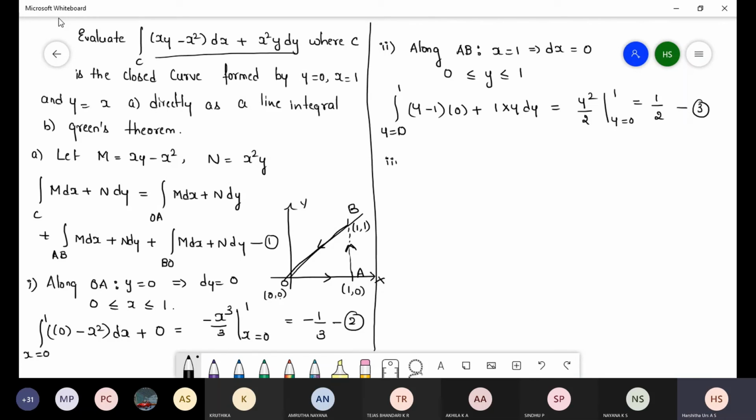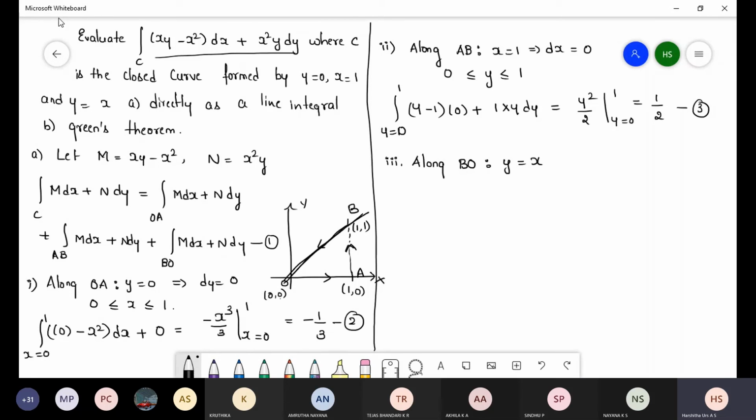Next, the last curve, that is along BO. Along BO, already they have given that it is a straight line passing through the origin. So they have given the value y is equal to x, because it is a straight line passing through the origin.